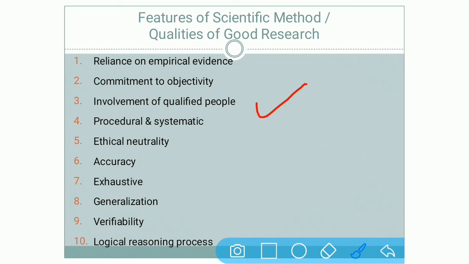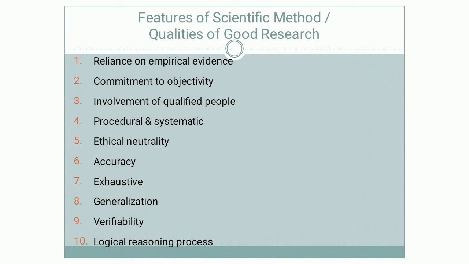For that again there is a requirement of qualified people. For each and every step there is a requirement of qualified people who can work on your behalf. So in the scientific method there is involvement of qualified people at each and every step.